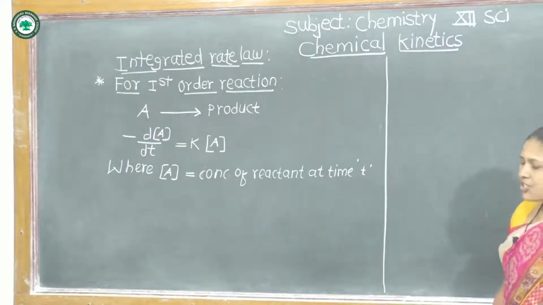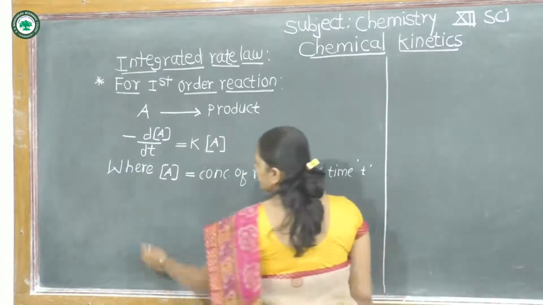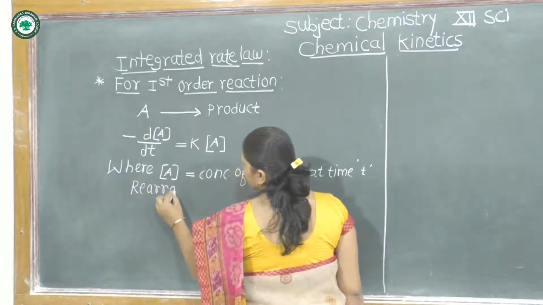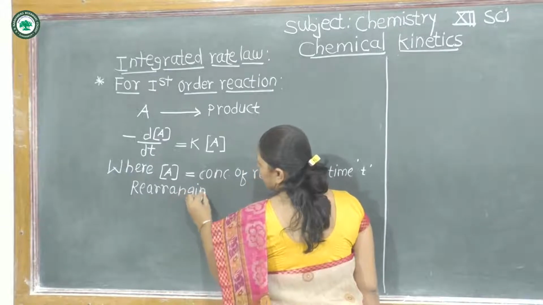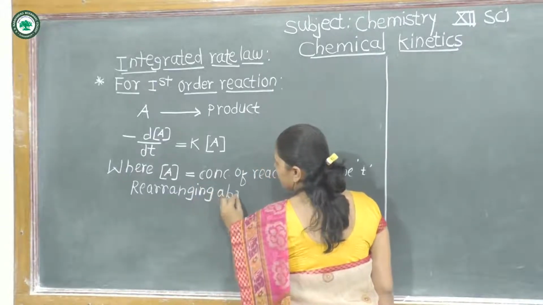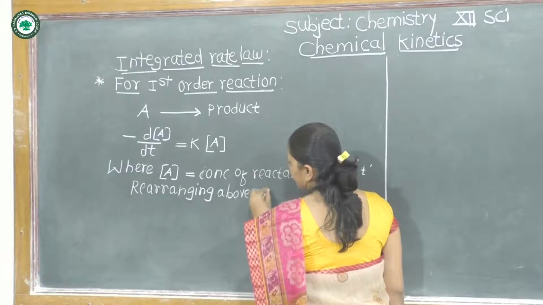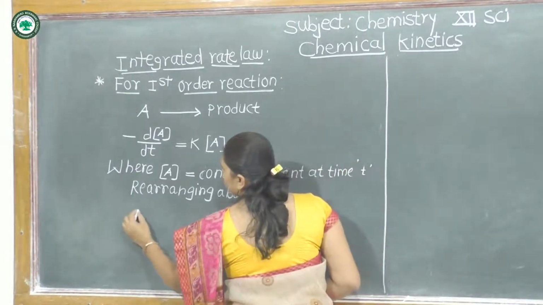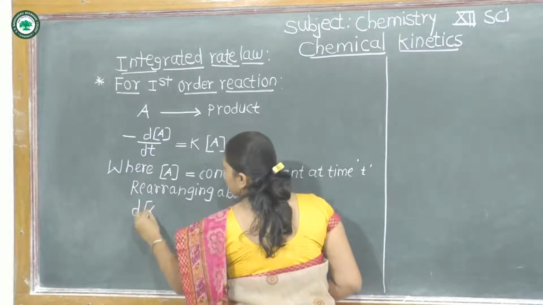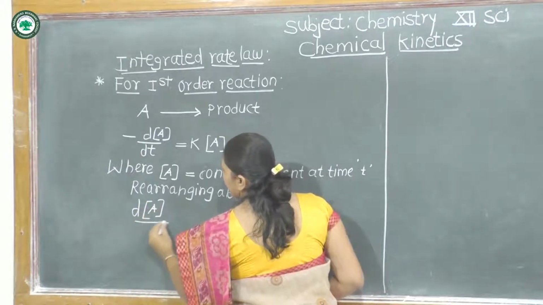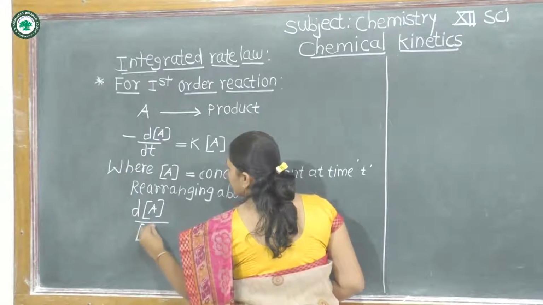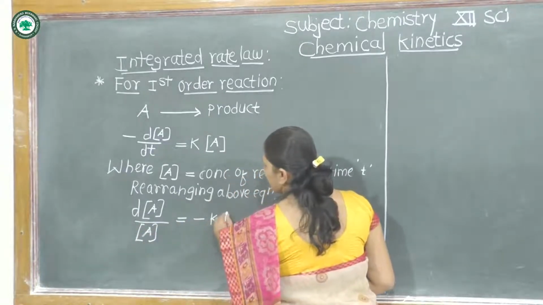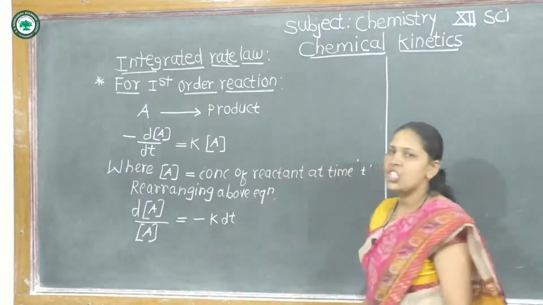Then rearranging the above equation, change in concentration of A divided by concentration of A is equal to minus K multiplied by change in time.